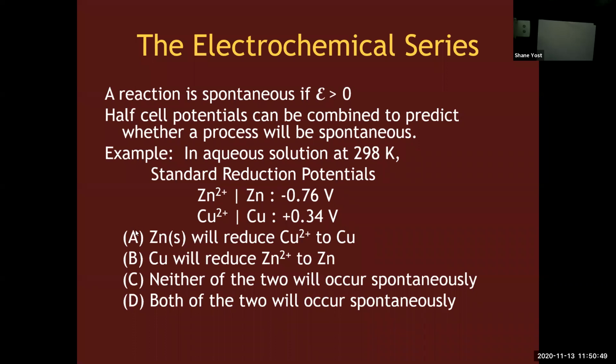And so basically A is stating that you flip the top reaction, zinc going to Zn2+. It's being oxidized, which causes Cu2+ to be reduced, which gives you an overall positive cell potential, so it will be a spontaneous reaction. So yes, zinc solid will reduce Cu2+, and zinc solid itself will become oxidized.